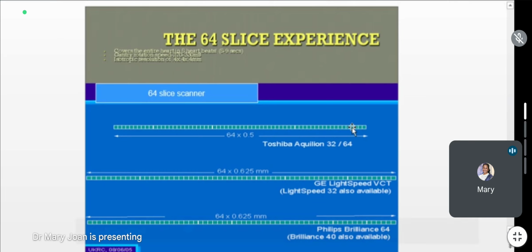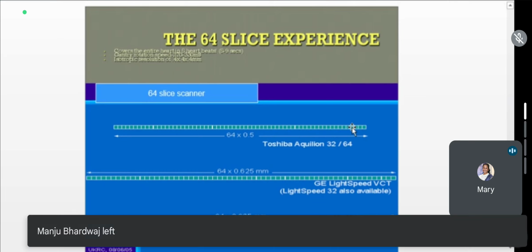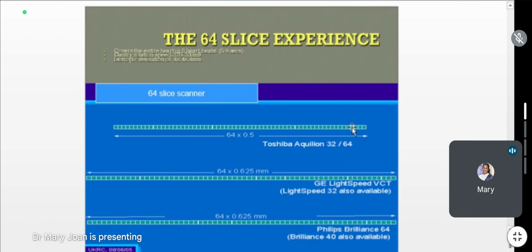It covers the entire heart in 5 heartbeats, with a gantry rotation speed of 270 to 330 milliseconds and isotropic resolution of 0.4 by 0.4 by 0.4. Different companies have different names for these.